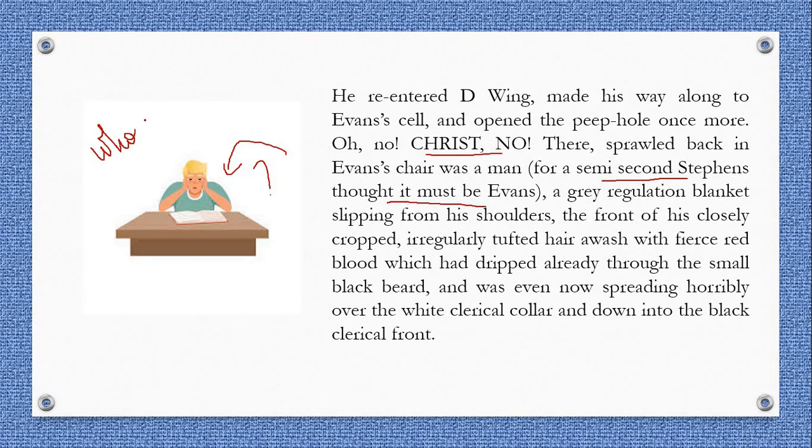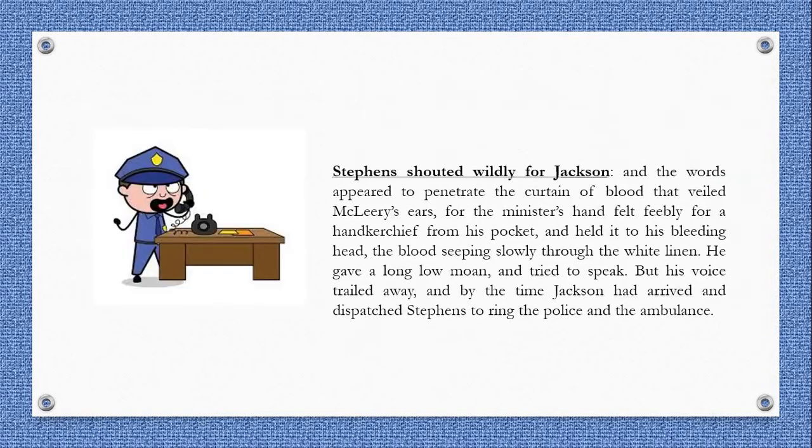The words appeared to penetrate the curtain of blood that veiled McLeary's ears, for the minister's hand felt feebly for a handkerchief from his pocket and held it to his bleeding head, the blood seeping slowly through the white linen. He gave a long, low moan and tried to speak, but his voice trailed away.